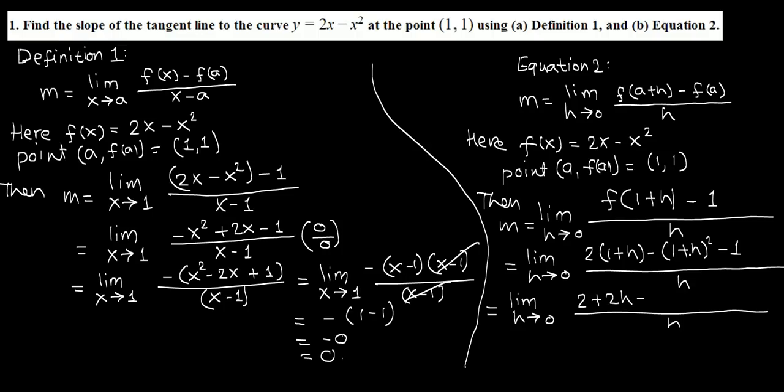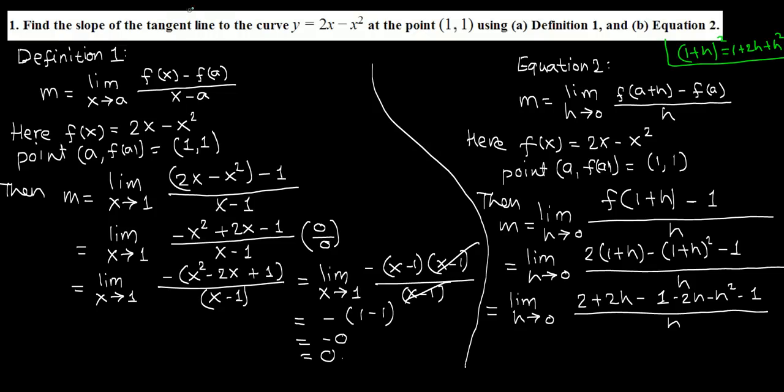If you multiply 1 plus h by itself, you're going to get 1 plus 2h plus h squared. We need to distribute the negative sign from the front, so that makes all signs negative: 2 plus 2h minus 1 minus 2h minus h squared, and minus 1 as well.